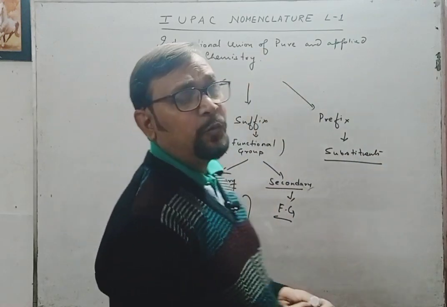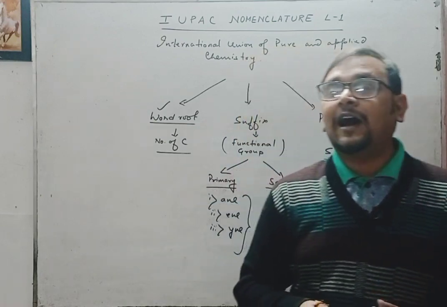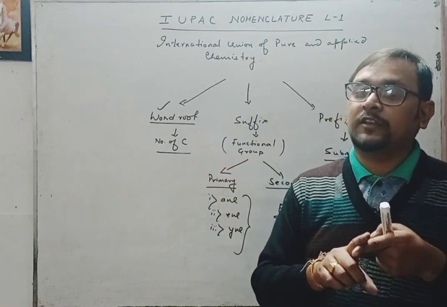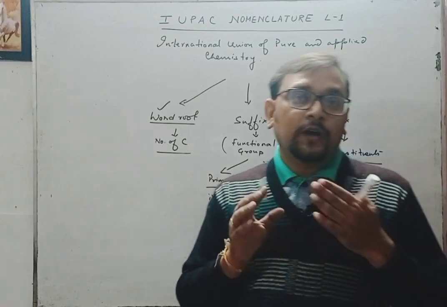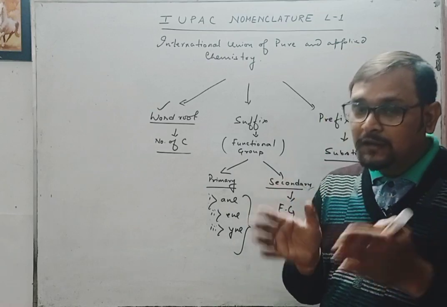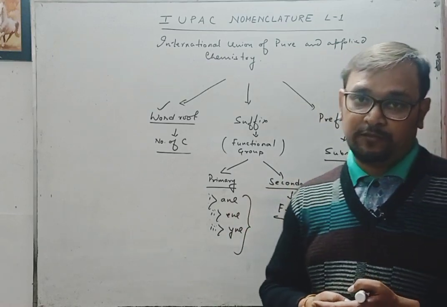Now my dear students, what are these substituents? When we select the longest chain, whatever is out of the longest chain, which is not under the longest chain, is considered as the substituent.